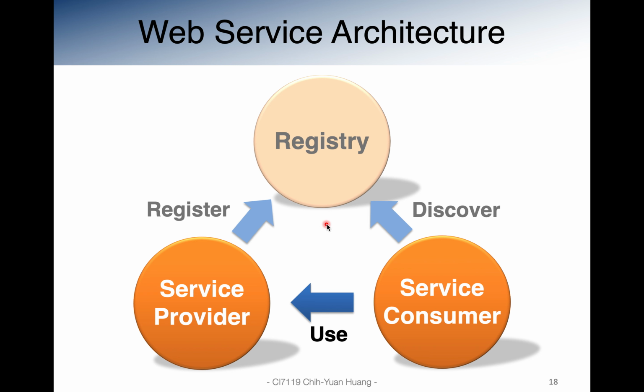And the current way to solve this problem is by using a component called the registry, serving as a catalog for developers to find suitable services to use. This is especially common in the geospatial domain. There's another term, the spatial data infrastructure, the SDI.